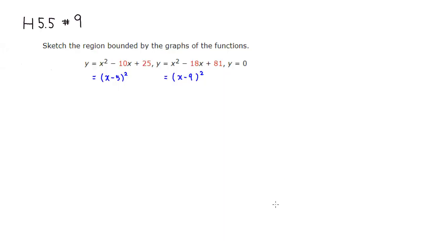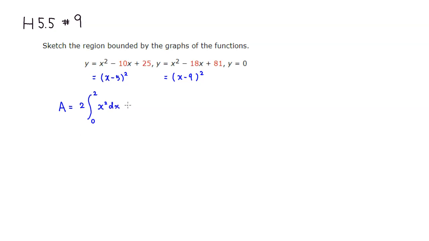So we have area A, and we just need to double this. The region is going from 0 to 2 instead of 5 to 7, and the function is just a simple x squared function, right?